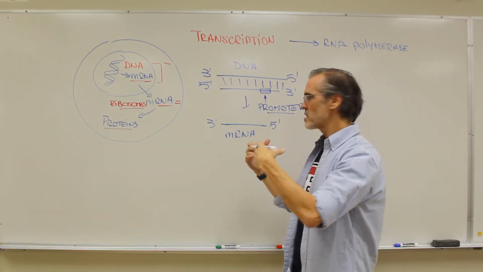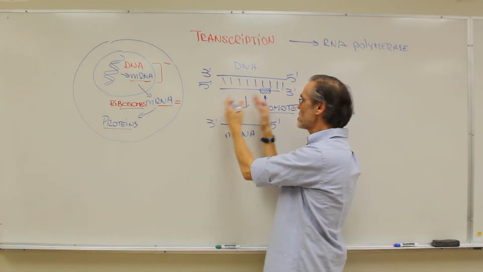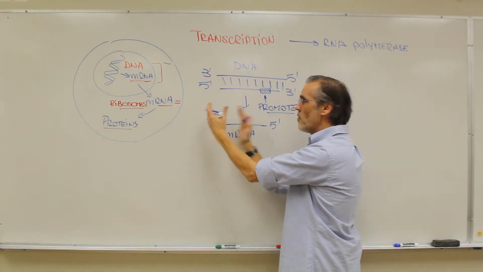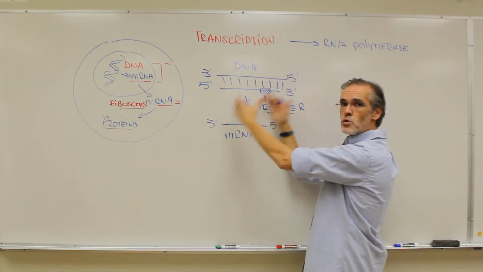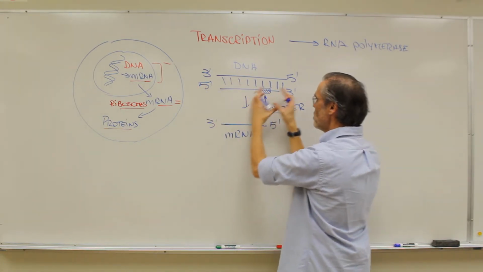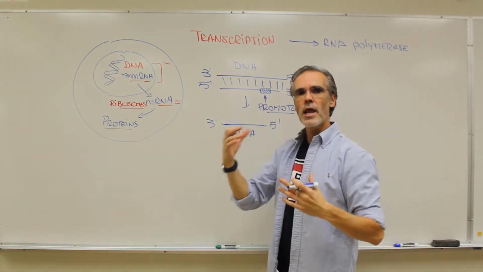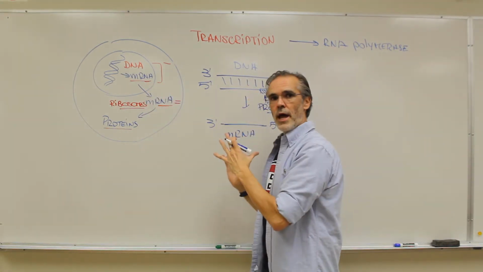Upstream is this way, and downstream is where the enzyme is going to read. So upstream from there, we have the promoter. The promoter will allow the interaction of the RNA polymerase with DNA.